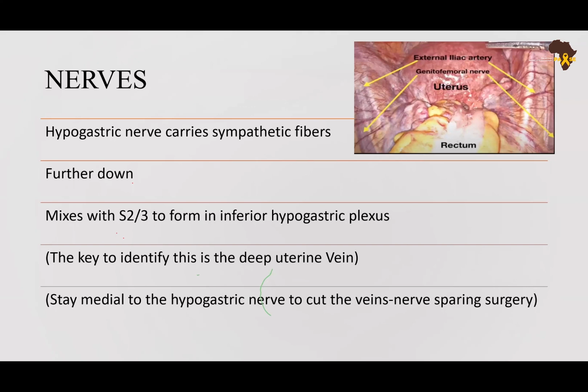And the key to this plexus is the deep uterine vein. So dissecting near the deep uterine vein has to be very careful, because you might injure the hypogastric plexus. And important to note, stay medial to the hypogastric nerve at all times when you cut the veins in nerve sparing surgery.